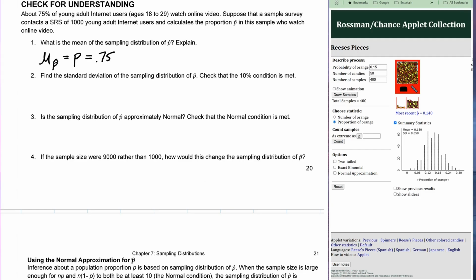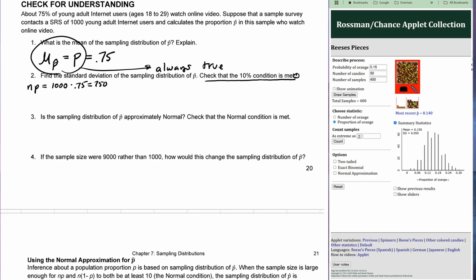Nope. This is always true. All right, so find the standard deviation of the sampling distribution of p-hat. Check the 10% condition is met. And let me do this part first, and that is n times p, which was 1,000 times 0.75.